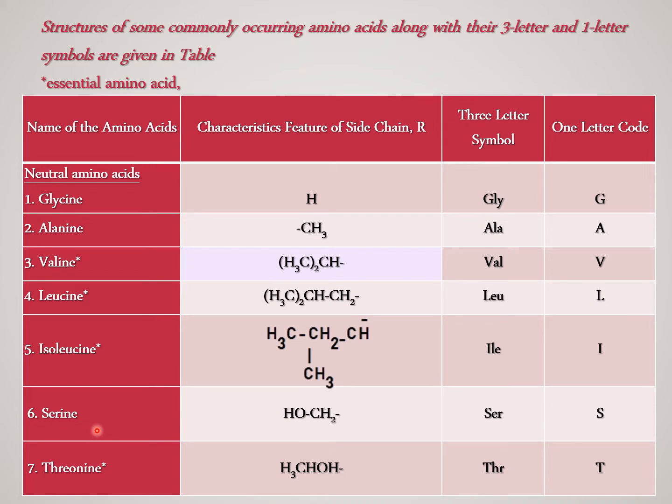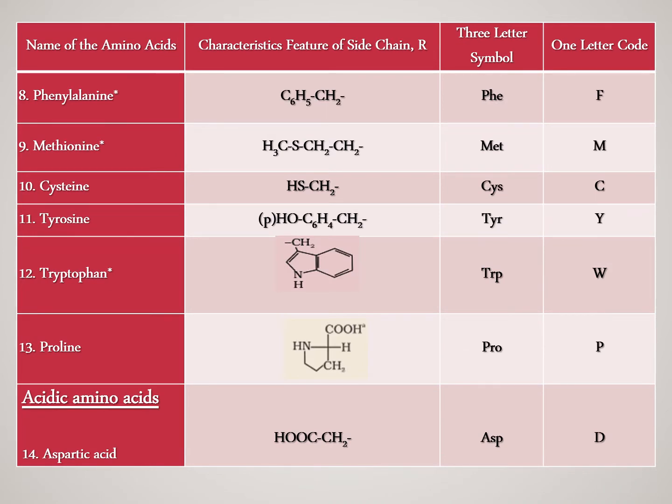Serine has a hydroxyl group present. So the name of the amino acid is generally written on the basis of the source from which it was obtained or the property of the amino acid molecule.